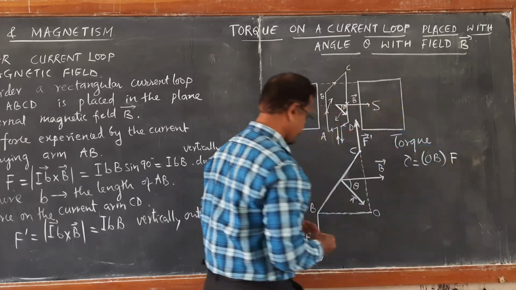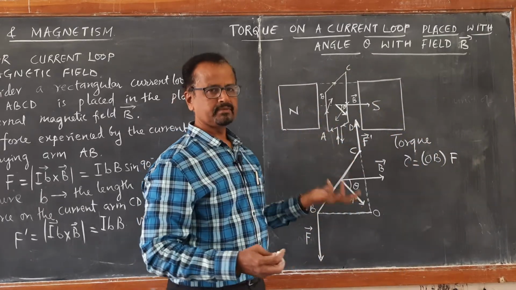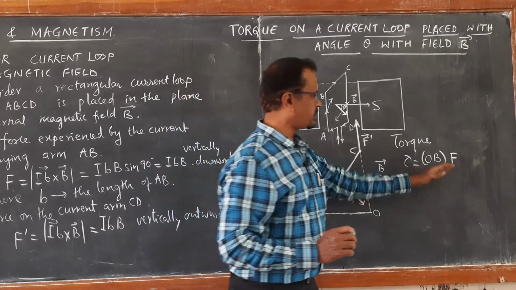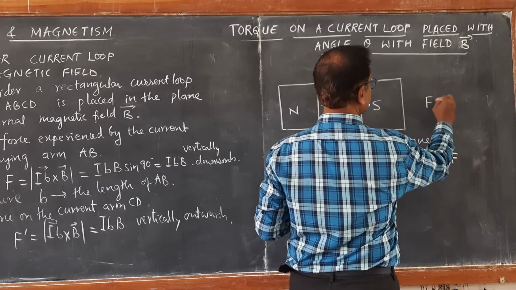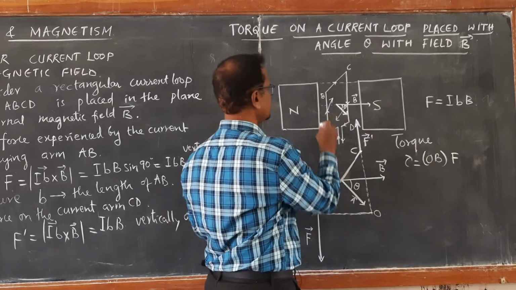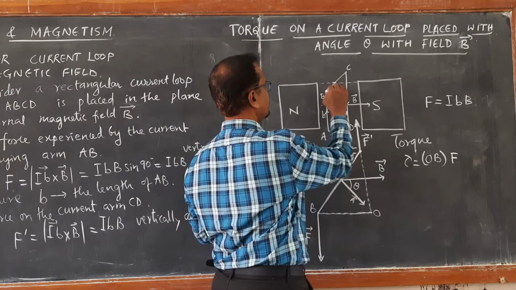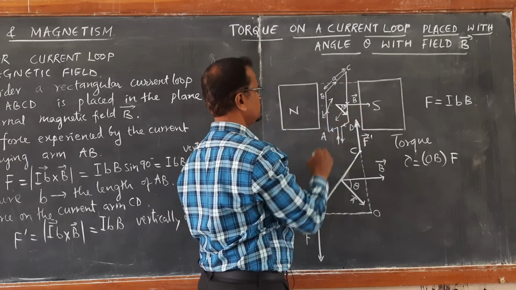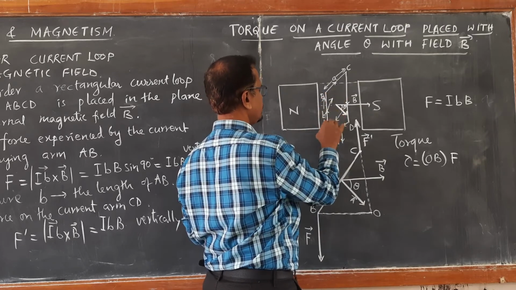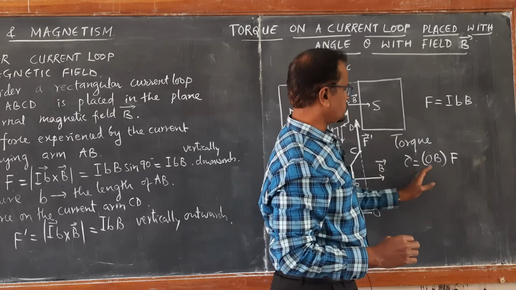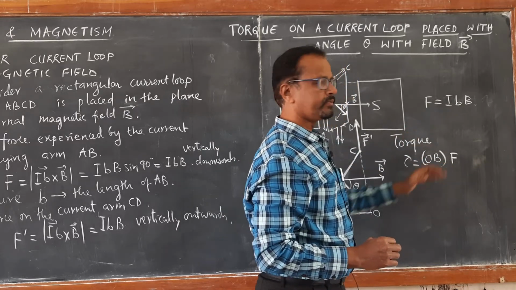Either you take F or F dash, the magnitude of these forces is the same. Now we know the value of the force, which we have already calculated. It is IBb, where b is the length and BC is the breadth. This is small b, and this is small a. So the force is IBb. Now we will calculate OB.